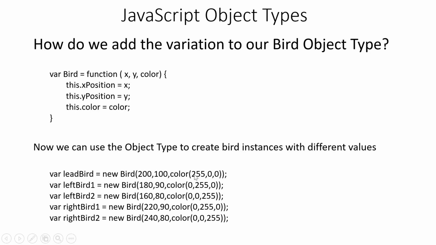It's saying create a color with 255, 0, 0, and whatever color is returned from that call to the color function will be the color that will be passed in here, which then can be assigned to the color parameter. So we can create different birds with variations by using those parameters.